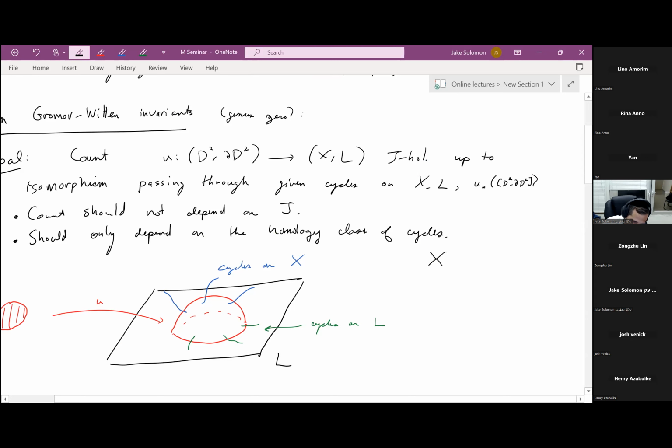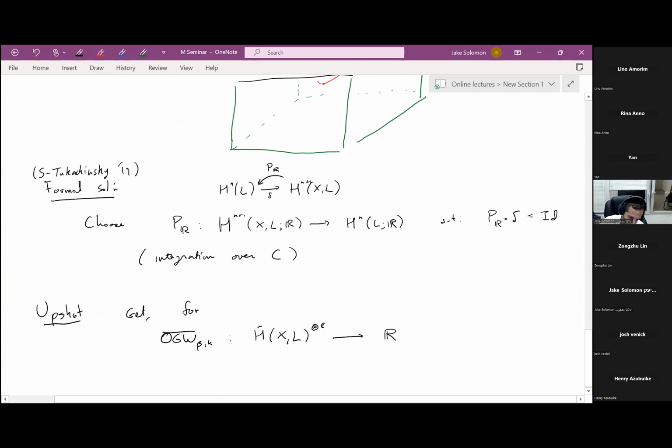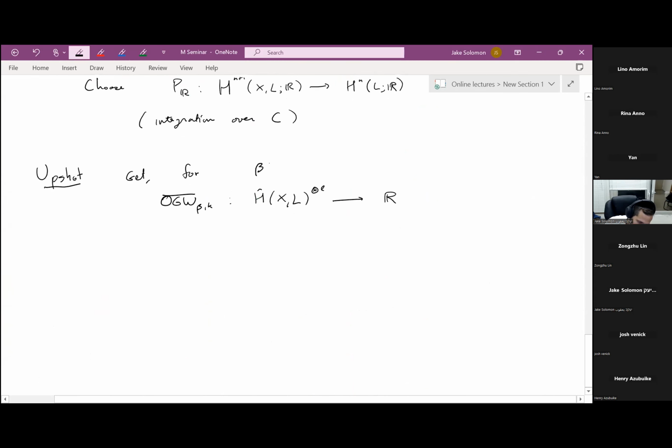I was forgetting something here, which belongs to the second homology of X relative to L. So here, beta is a second homology class, and K is some number. You think of this as the number of boundary point constraints.